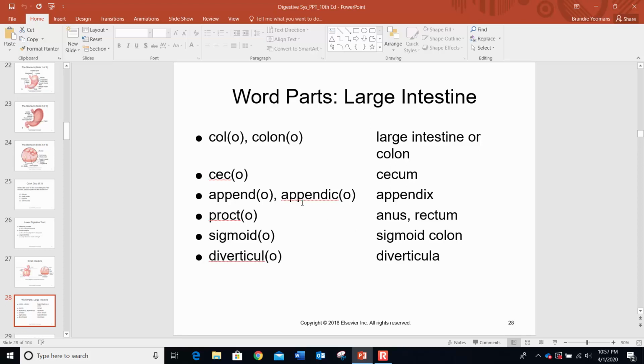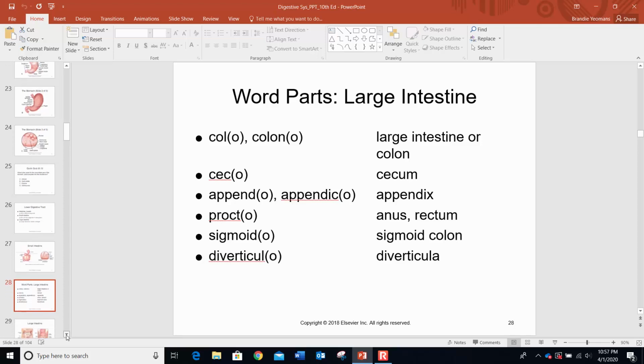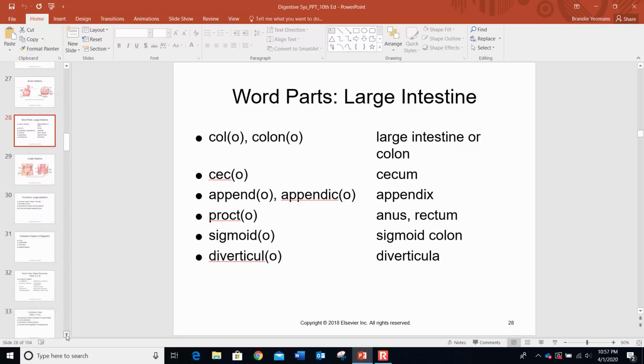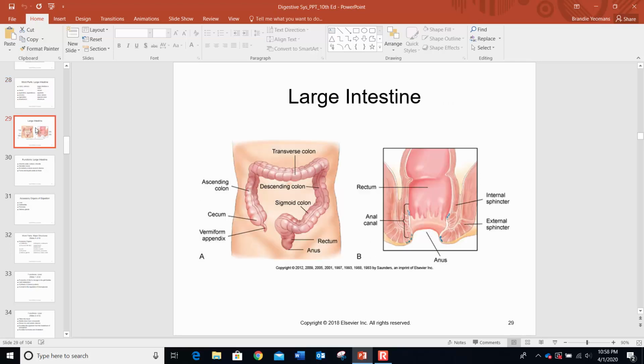You might have heard somebody say, I've had my appendix removed. And that procedure is called an appendectomy. Remember, ectomy is the surgical removal of. So some of that stuff may seem pretty familiar. Even the diverticulo. Some people have diverticulitis. They might have colitis, so that colo looks familiar.